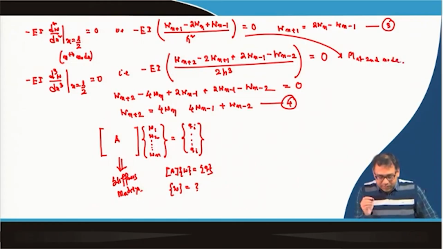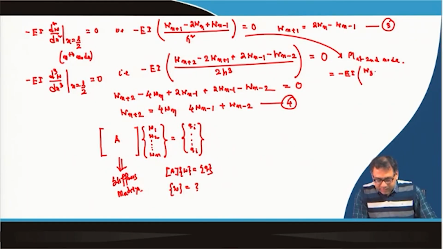So, the bending moment at the second node will be equal to minus EI, this is your second node, n is equal to 2, so W3 minus 2W2 plus W1, divided by h square.